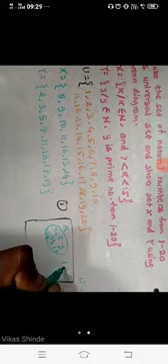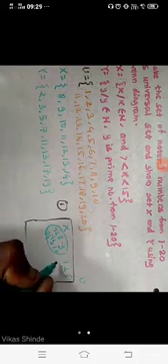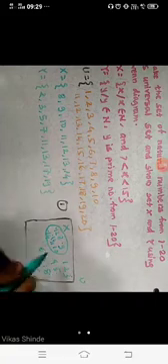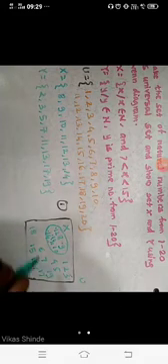Suppose this is your set X, so mention X. Then write the remaining numbers outside: 1, 2, 3, 4, 5, 6, 7, 15, 16, 17, 18, 19 and 20. You can write them anywhere. This is the set X.